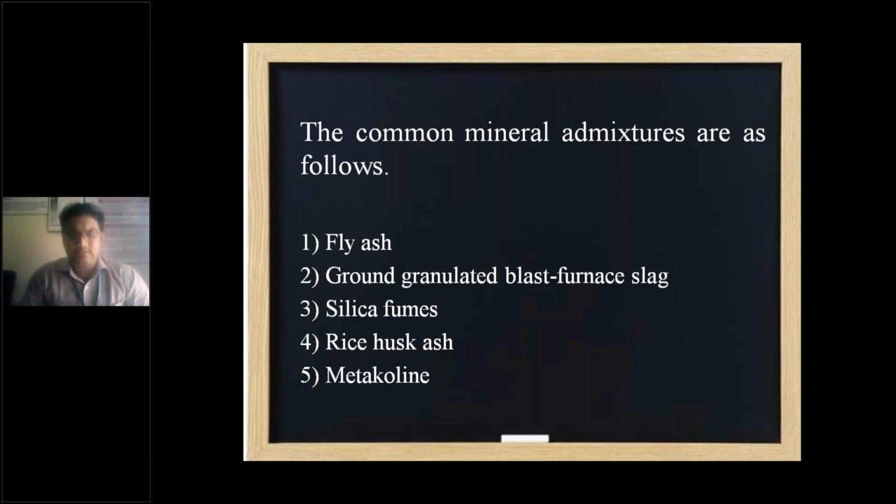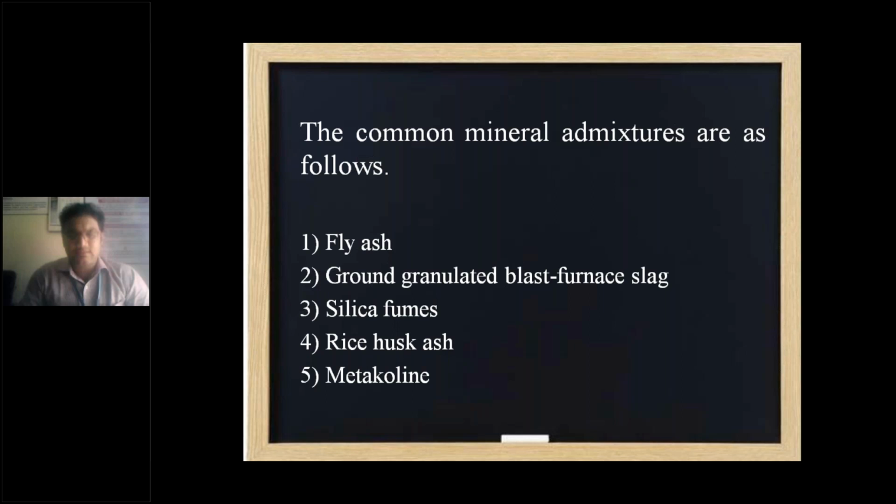Okay, third one is silica fume. Silica fume is one of the mineral admixtures which you get as a waste product from glass industries. The waste material from glass industries we call silica fume. So we are making use of that waste to replace cement. Why? Because all these mineral admixtures have what cement has. The same chemical properties that cement has, the mineral admixtures also have. Understand?